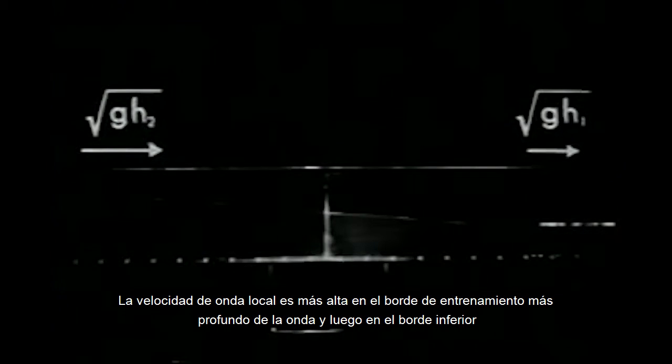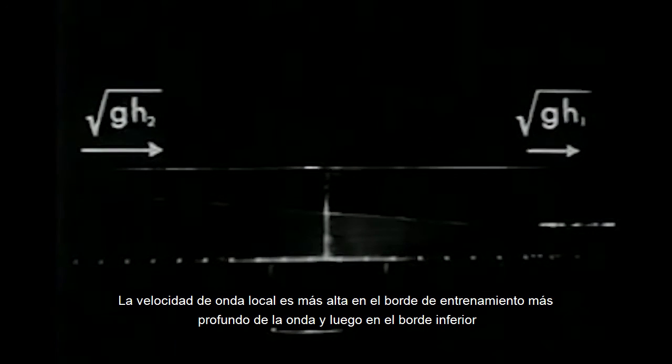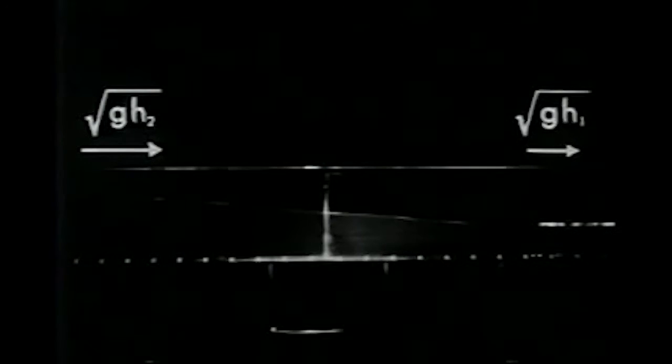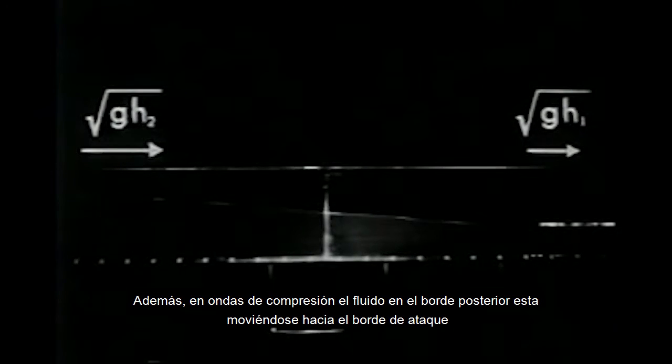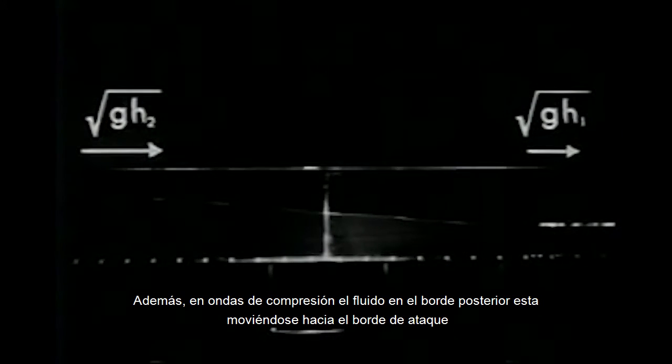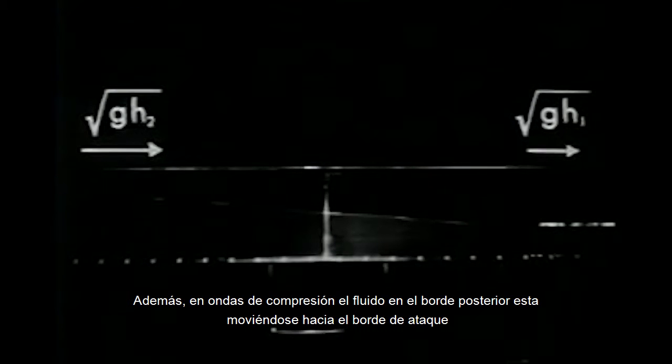The fact that the local wave velocity increases with depth also explains why the compression wave tends to steepen. The local wave velocity is higher at the deeper trailing edge of the wave than at the shallower leading edge. Furthermore, in compression waves, the fluid at the trailing edge is moving toward the leading edge.